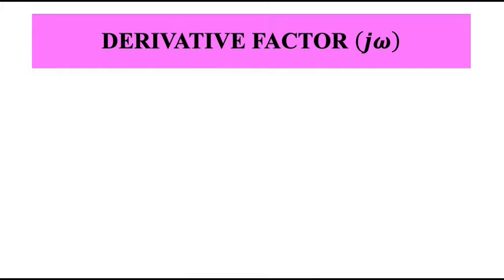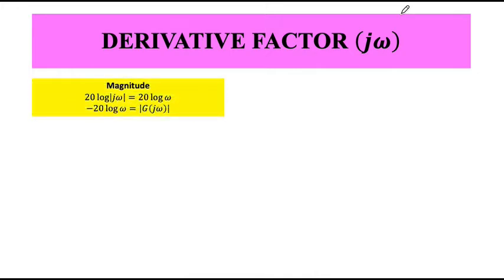Now we will do the derivative factor, which looks like j omega. Let me use a different way. So the derivative factor, this is j omega, then I just write down the steps again. So 20 log j omega.